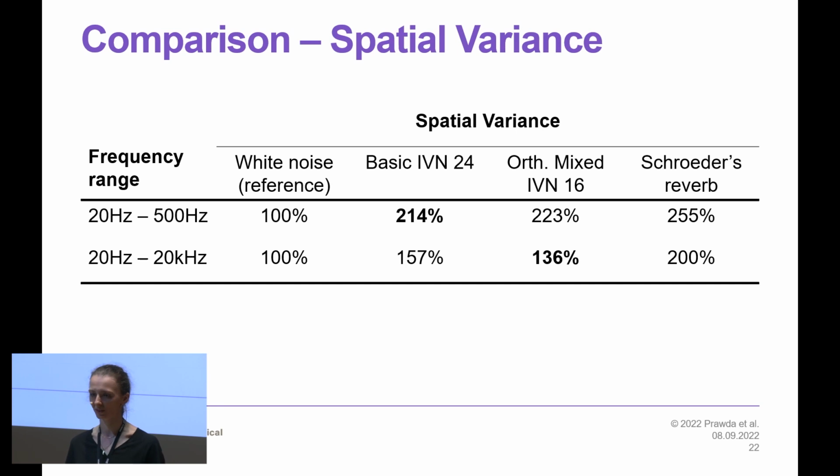It shouldn't matter whether you have two white noise signals arriving slightly delayed, there shouldn't be really any comb filtering effect. And then we can see that either in the low frequency or the full frequency range, basically one of our methods is always performing the best, meaning that it adds the least amount of this spatial variance.